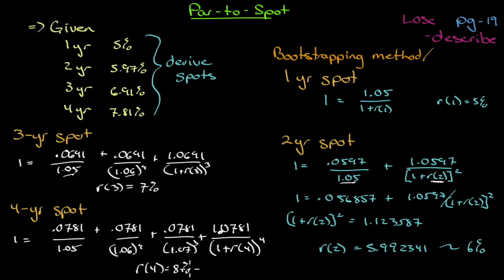It's just like the forward and the spots. You can use the spot rates to get your forward rates, and you can use your forward rates to go backwards to your spot rates. Same thing here. So the par yields are related to the spot rates, so you can move towards them, or given the par yields, you can move back towards the spot rate.